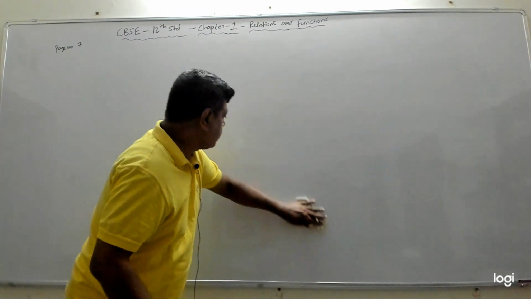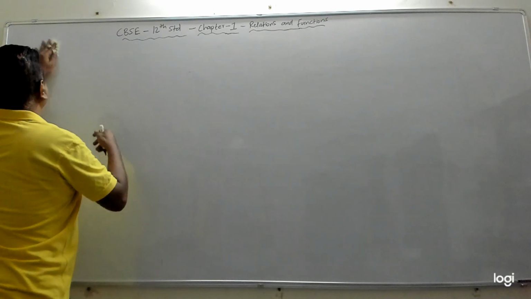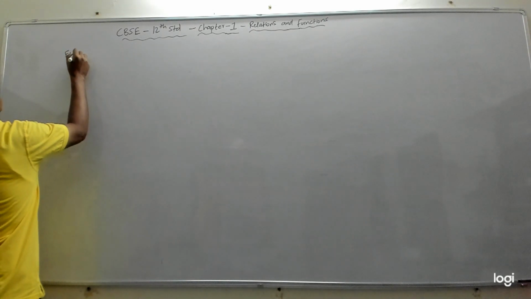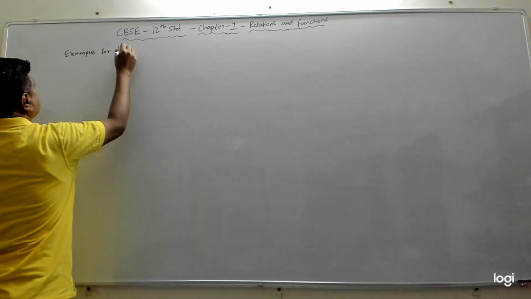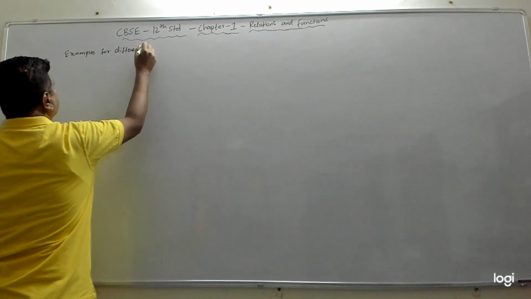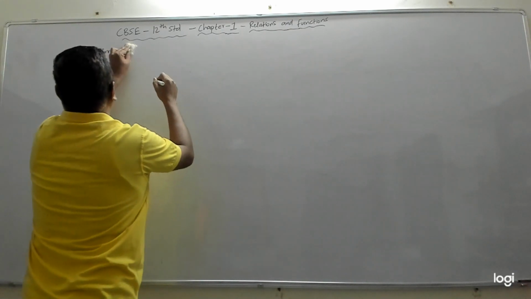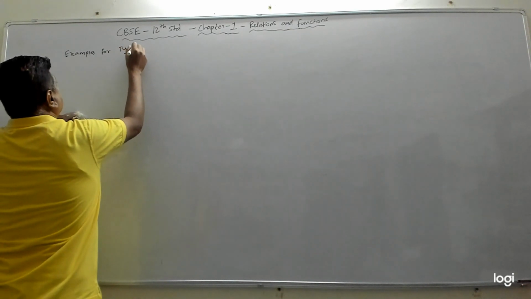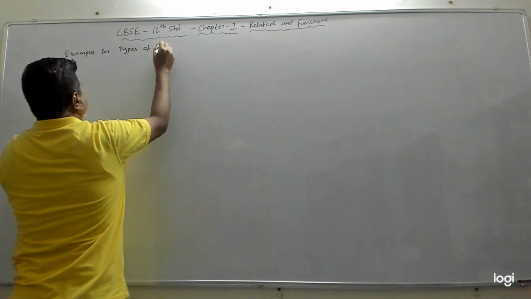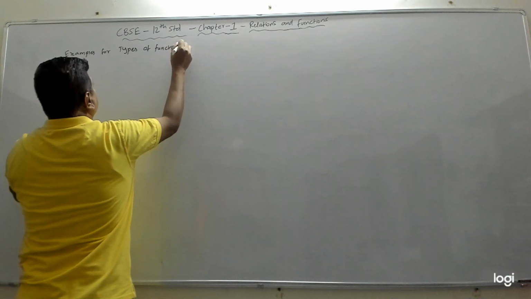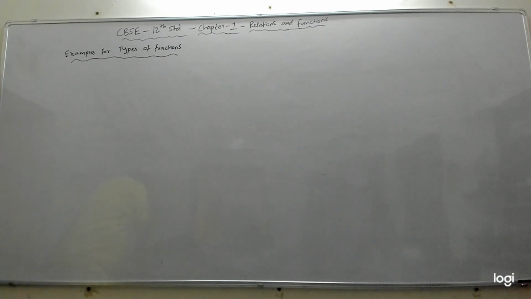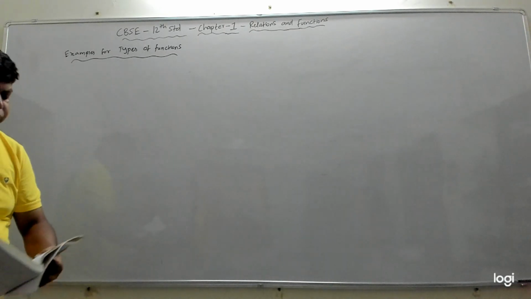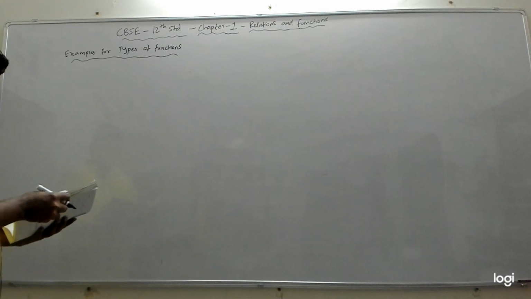Now we will have some examples for different types of functions. We will see the example that is given on page number 8.